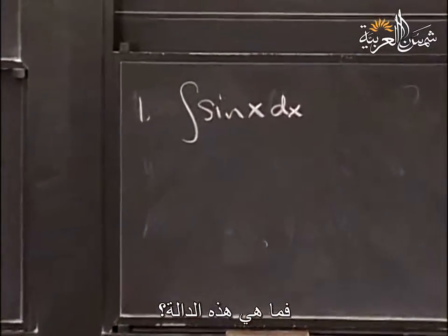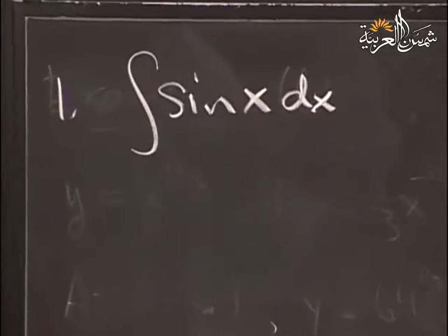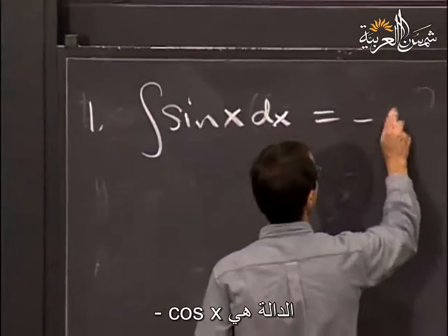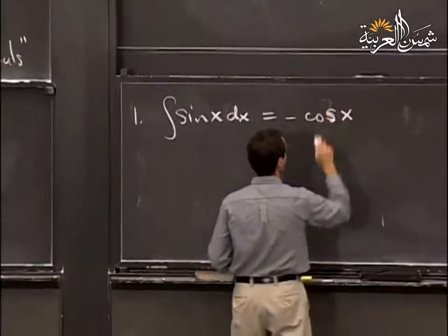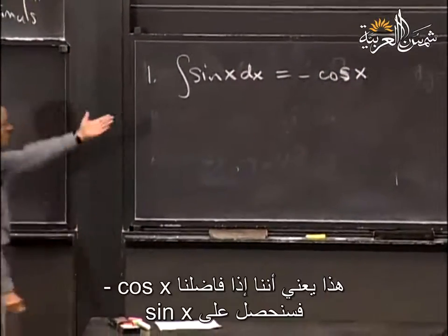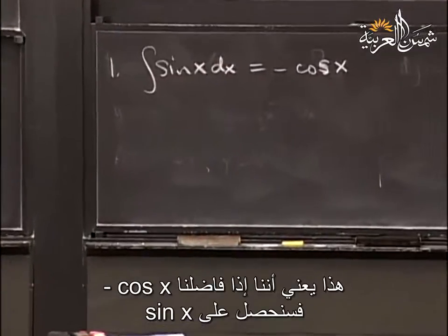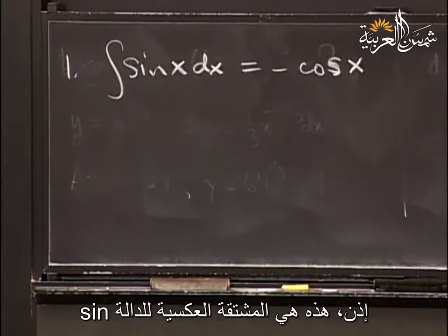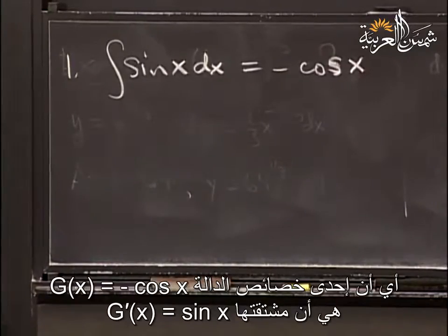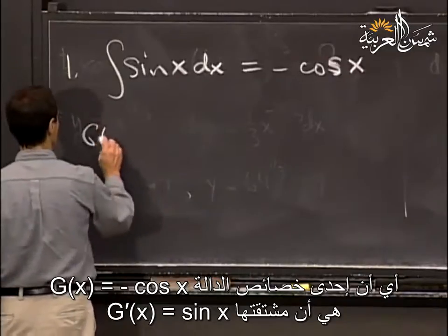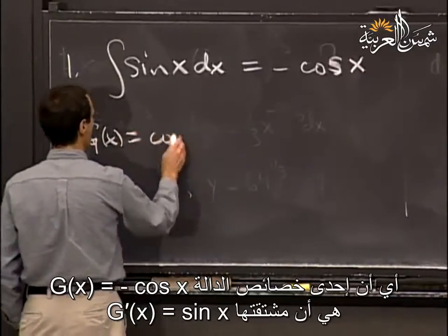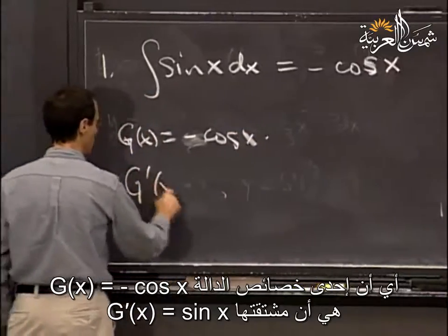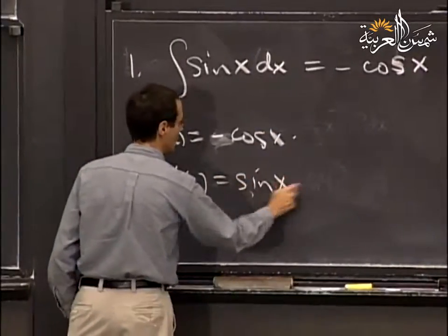So what function would that be? It's negative cosine x. Negative cosine x differentiated gives you sine x. So this function, capital G of x equals negative cosine x, has the property that its derivative is sine x.